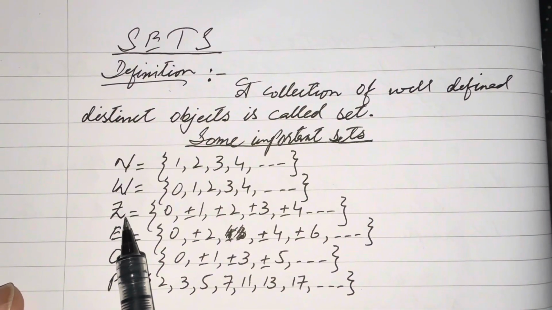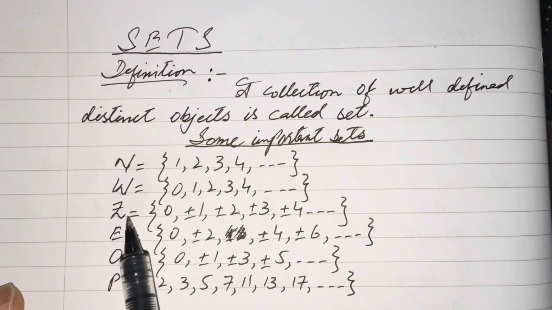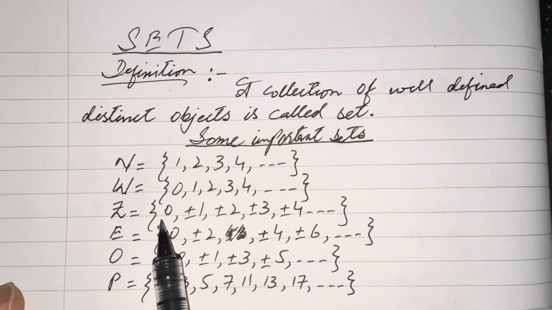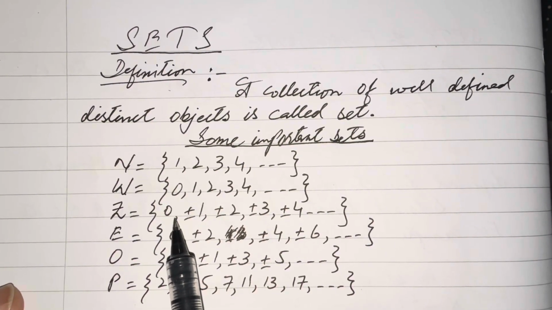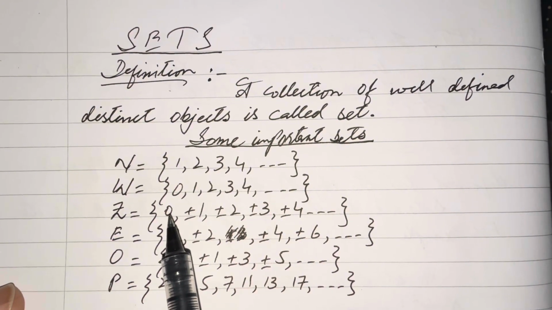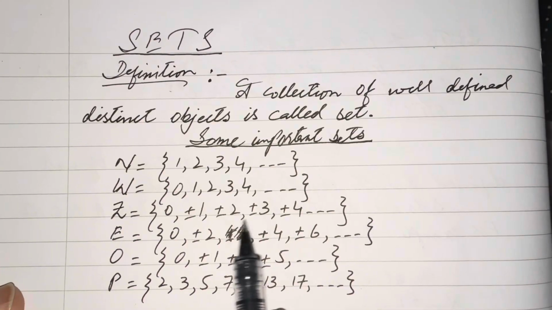And then we learned about the integers, denoted by Z. Integers are those numbers which include positive and negative numbers, starting with 0: 0, plus minus 1, plus minus 2, plus minus 3, plus minus 4 and so on.